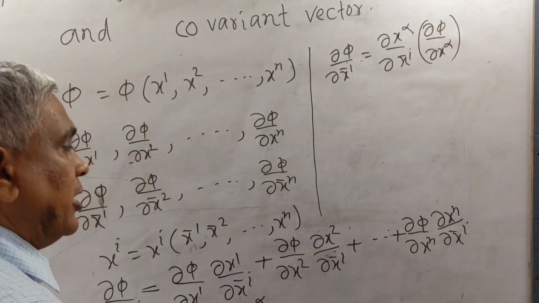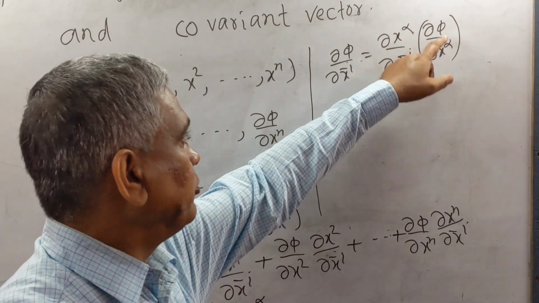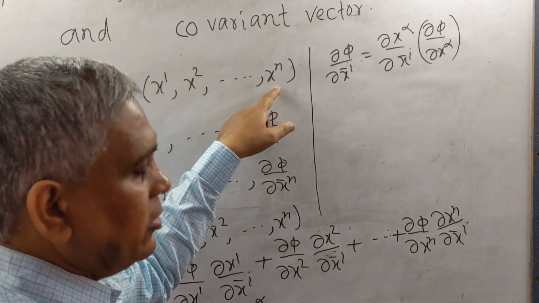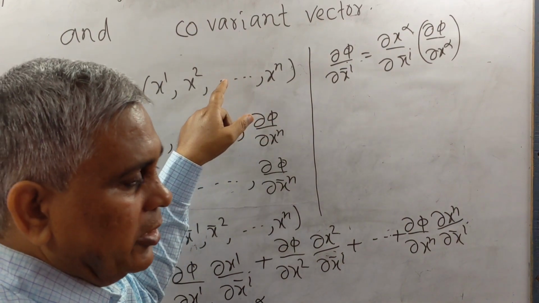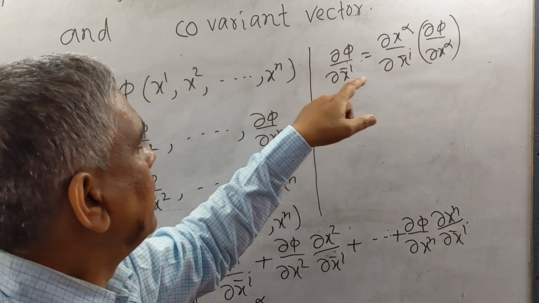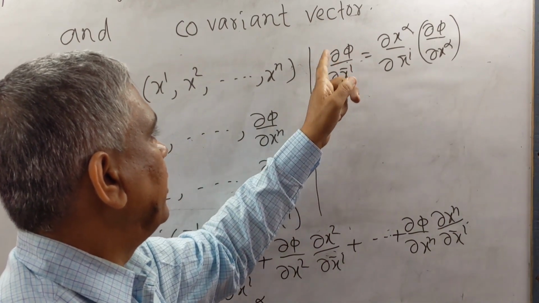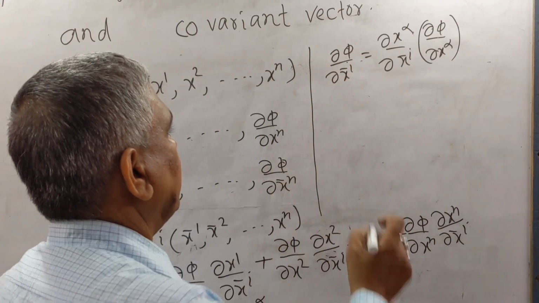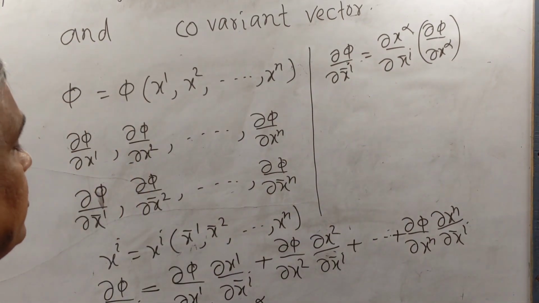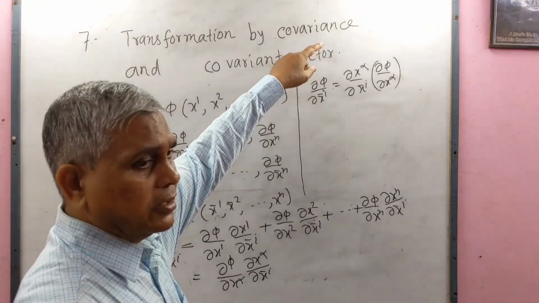So if we have the knowledge of del phi by del x alpha, as phi is a direct function of x1, x2, ..., xn, that is, a function of the x system of coordinates, then we may find the values of del phi by del x bar i. This type of transformation is known as transformation by covariance.